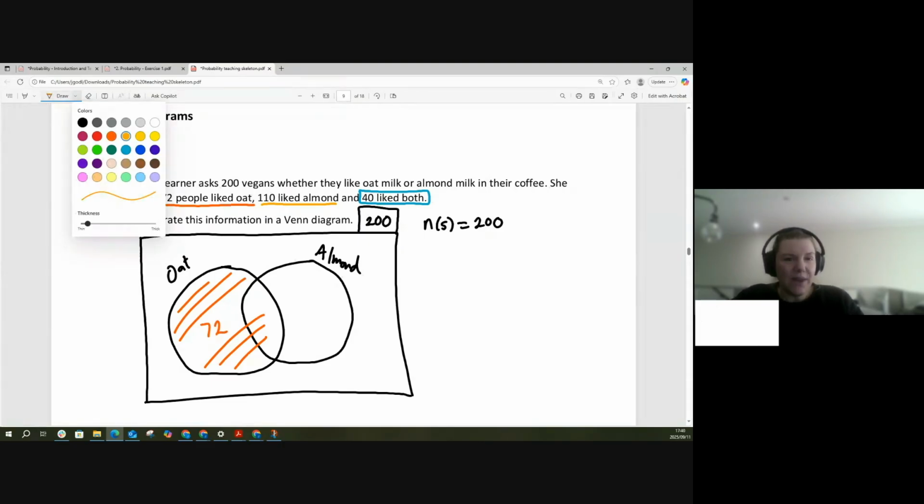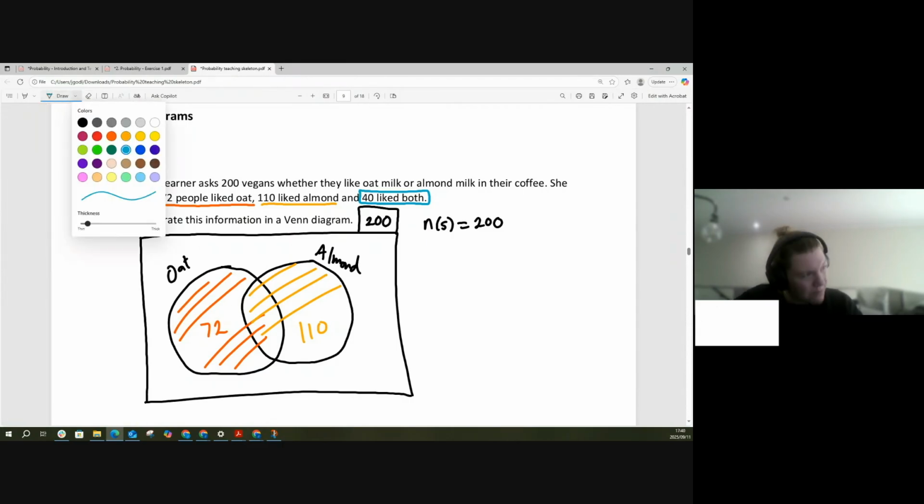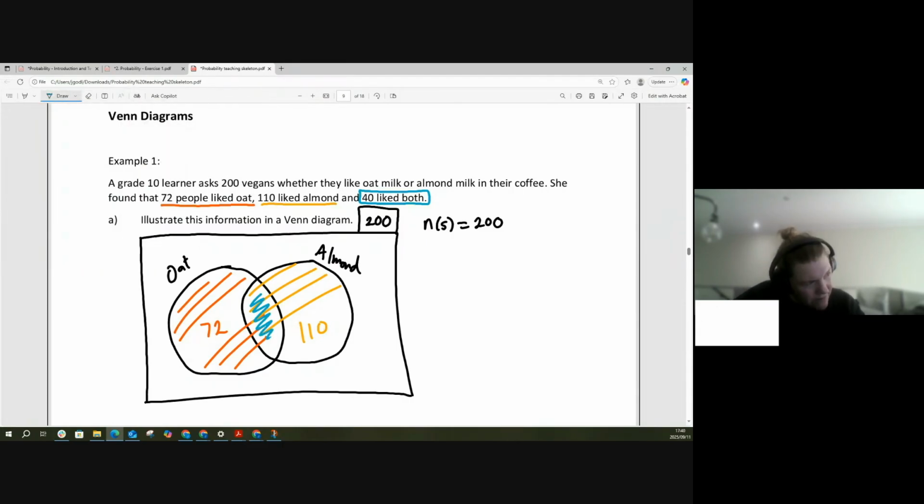And then it says we have 110 people who liked almond milk. So that's all of these people. And that's 110. But now if I take that there are 40 who like both, the people who like both fit into this little middle category over there.